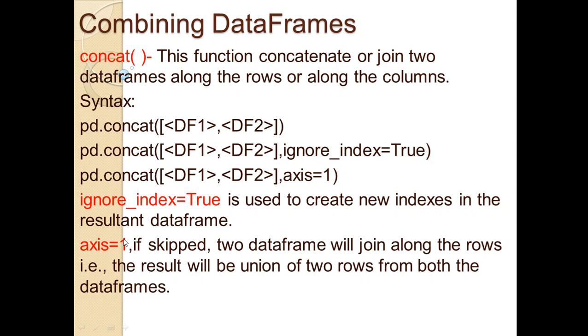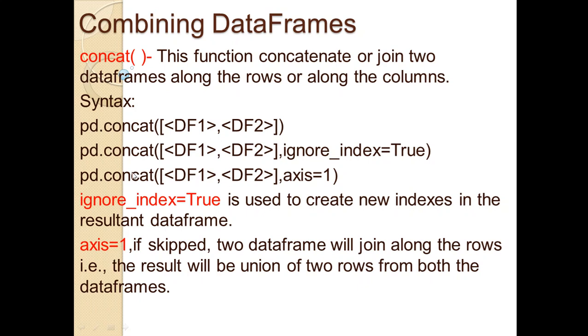But if you specify ignore_index equal to True, then both data frames will join and the row labels or indexes will be changed accordingly in the resultant data frame. That we will see in the practical.